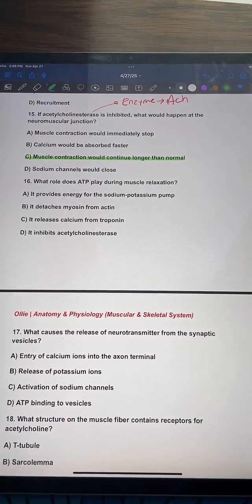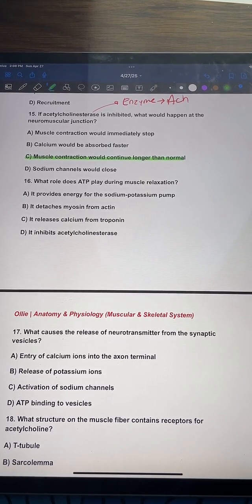Number 16, what role does ATP play during muscle relaxation? So we talked about ATP is what gave the energy for the myosin heads to move towards the center of the sarcomere and bind to the actin site.